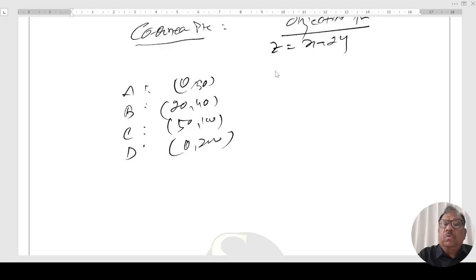On simplification, this comes out to be 100. On further simplification, this also comes out to 100. This comes out to be 250. And this comes out to be 400.